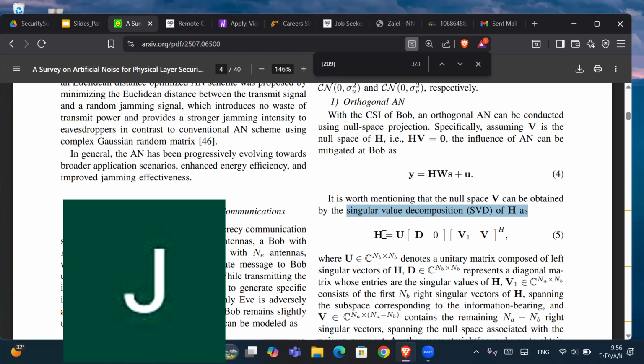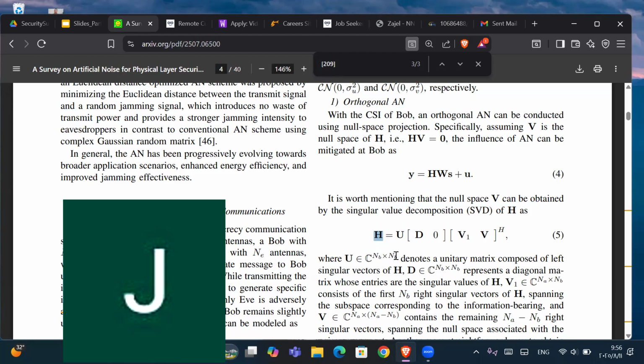So if you apply singular value decomposition on the channel matrix between Alice and Bob, called H, then the result will be U D V1 V Hermitian. So U is a unitary matrix composed of left singular vectors of H.